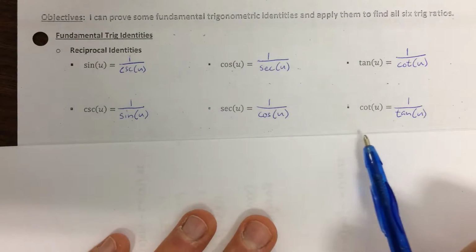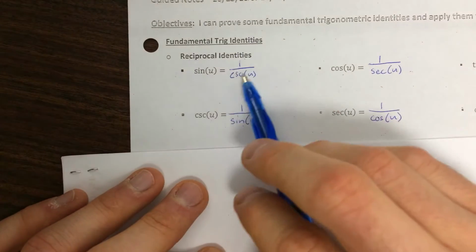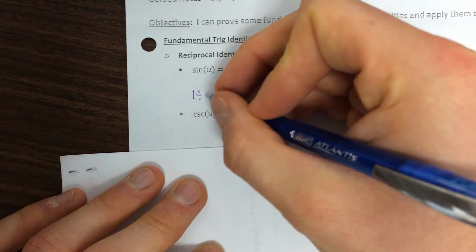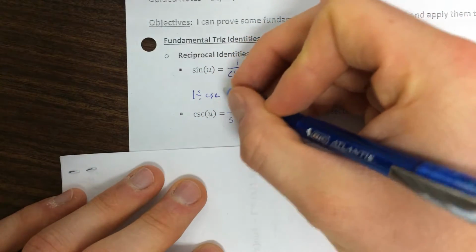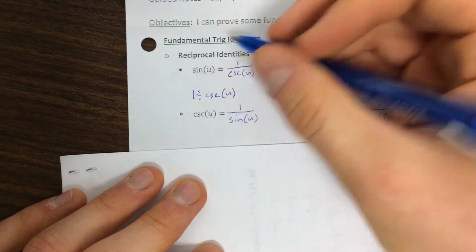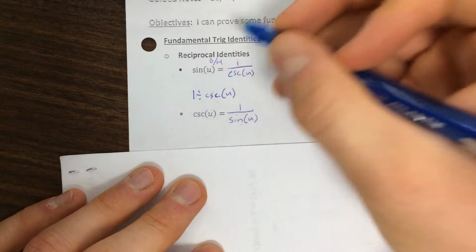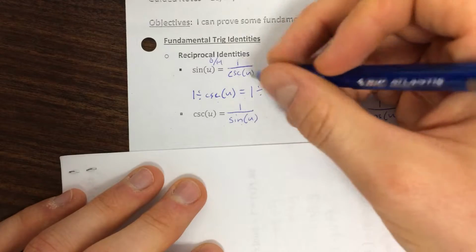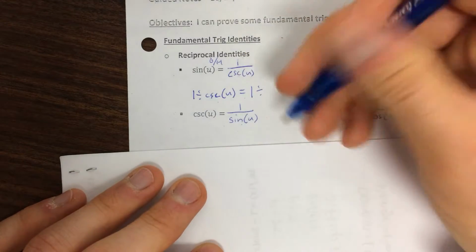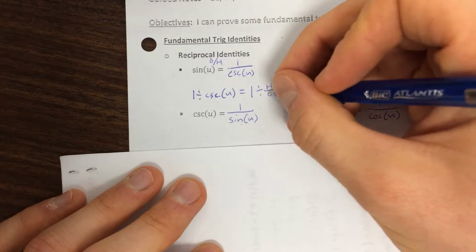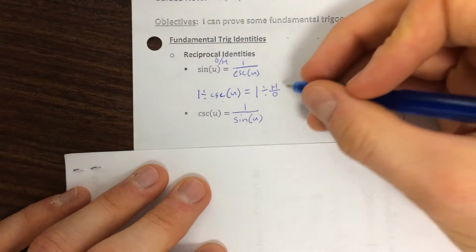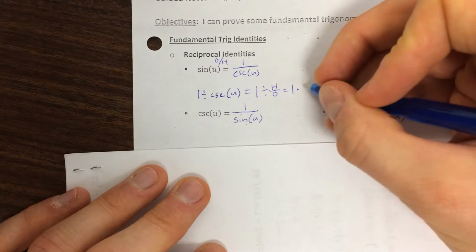And a similar thing here. I'm going to show why, just for sine. So for example, we have 1 divided by cosecant of u. We know that sine is opposite over hypotenuse, which means 1 divided by cosecant is the reciprocal, so hypotenuse over opposite. But in order to divide by fractions, you have to multiply by the reciprocal.